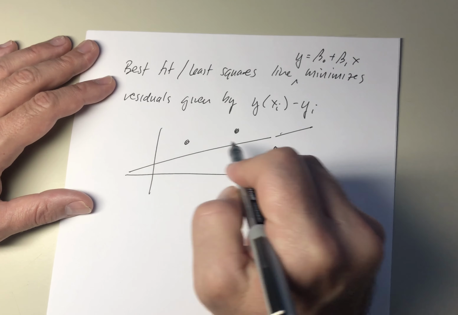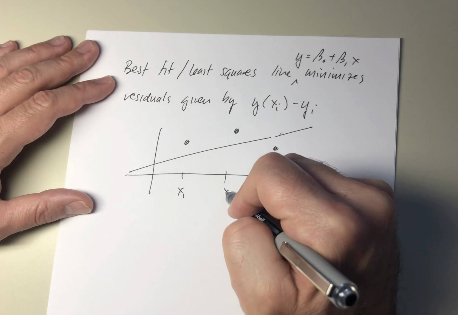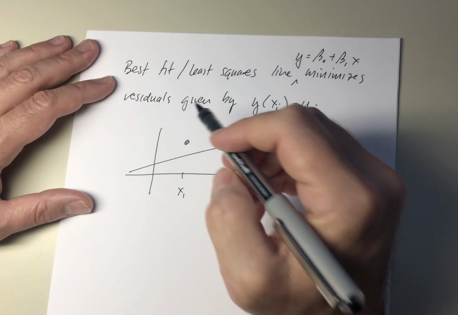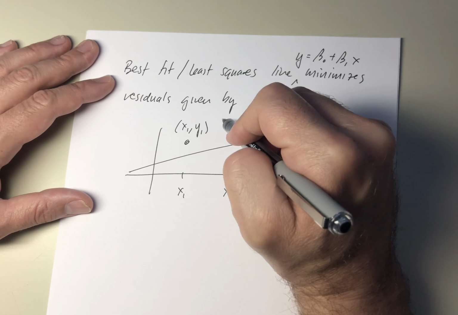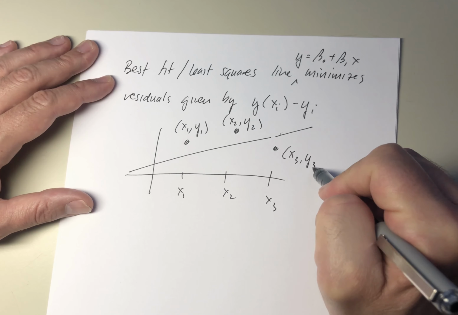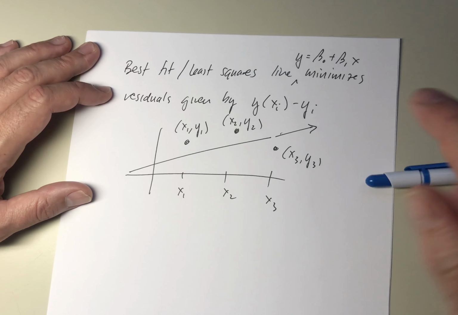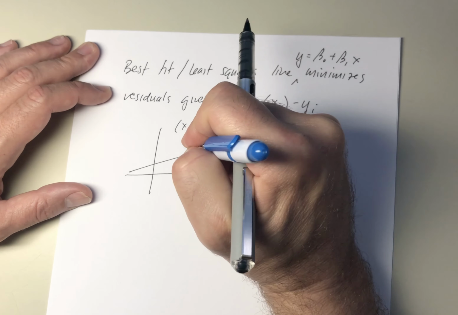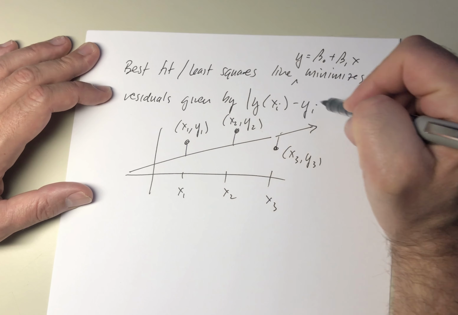If these were my data points, this was x1, x2, x3, then of course there's a y coordinate, y1, this is x2, y2, this is x3, y3, and this is the line that I've gotten by my least squares solution. This residual is what I'm trying to draw here, the length of this value here.